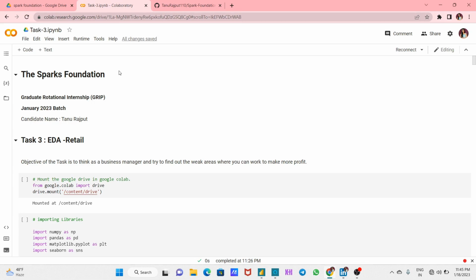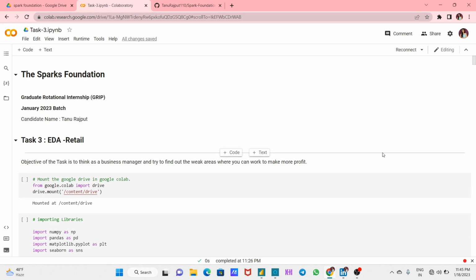So let's start. Before starting our analysis and loading data, we have to import our Google Drive into Google Colab. So for that, I use the code from google.colab import drive and then drive.mount.